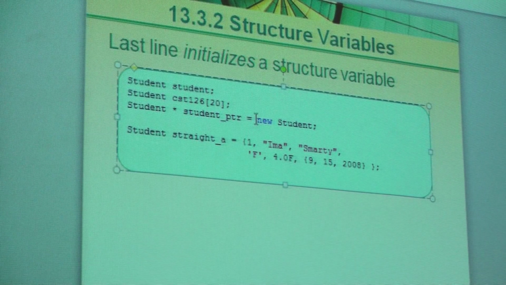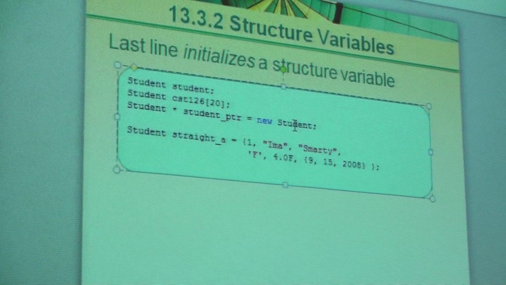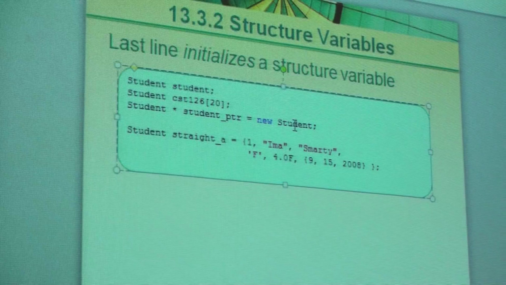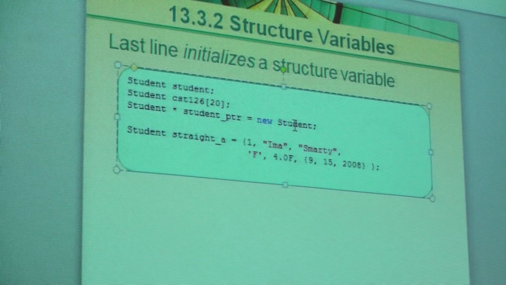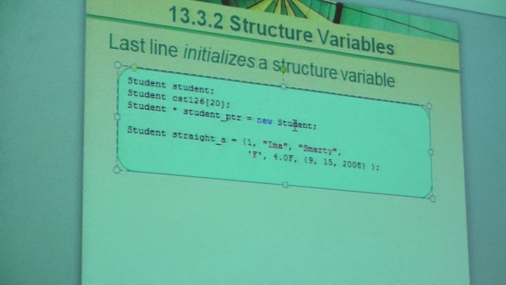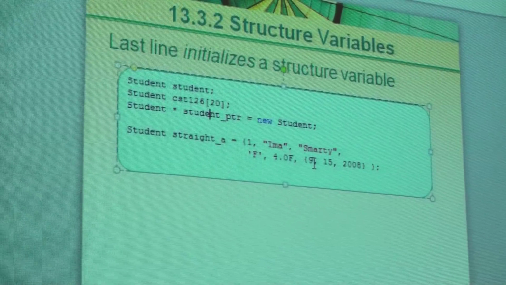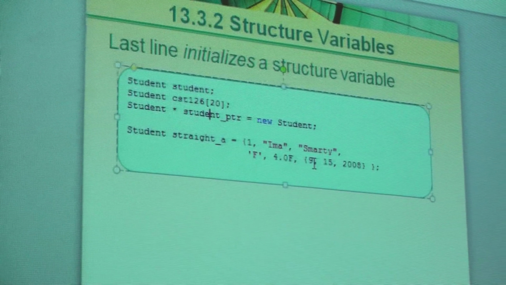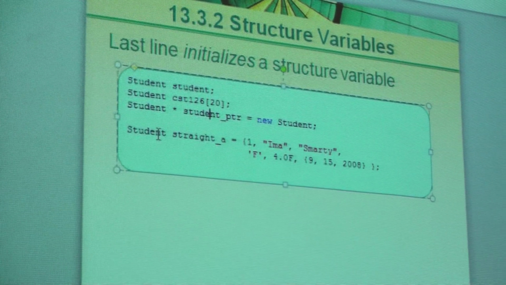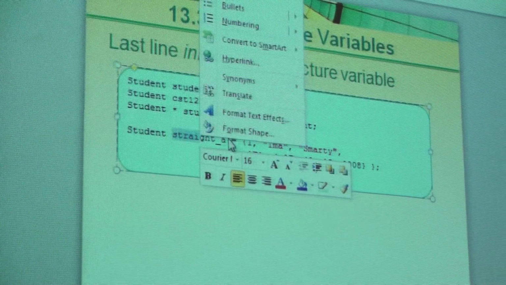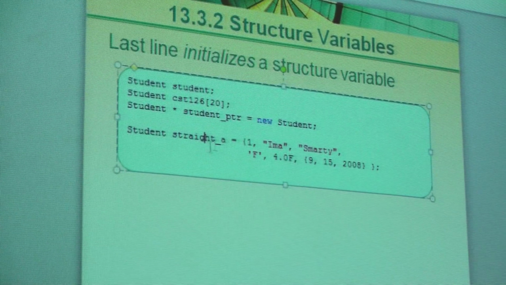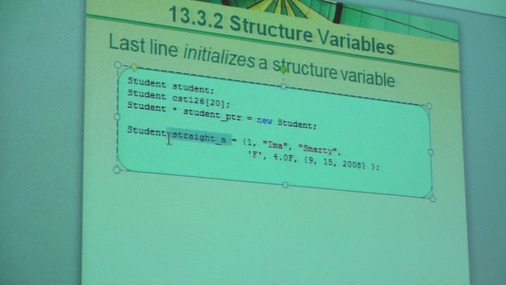Here's a new dynamically allocated structure. Space for student is carved out of the heap. The address of that is returned and stored, in this case, to student pointer. Now if we want to actually initialize a variable, here's a straight A student, right?